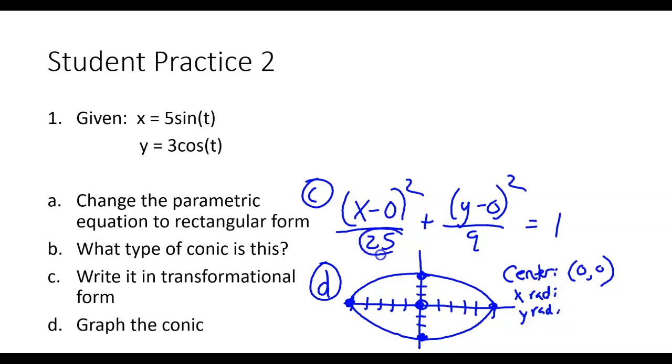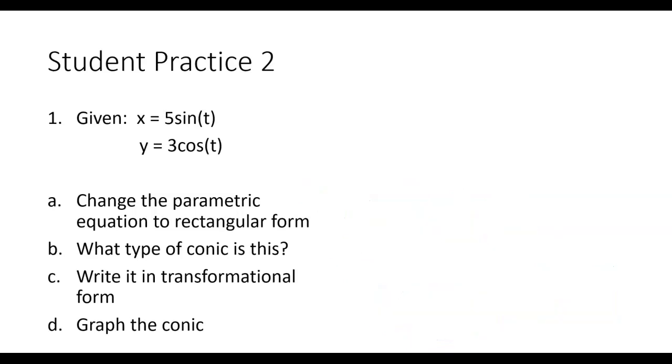The x radius is the square root of the number underneath the x term. So my x radius is 5, so you'll notice that the distance from here to here is 5, and the distance from here to here is 5. And the y radius is the square root of the number under the y. So the distance from here to here is 3, and the distance from here to here is 3. Once you plot those 4 points away from the center, you connect those 4 points and you have your ellipse. All right?